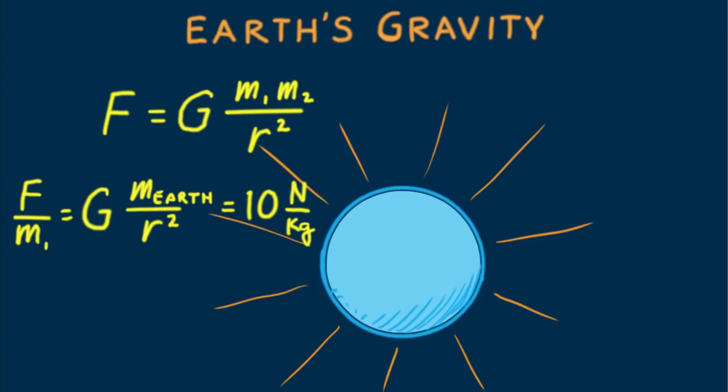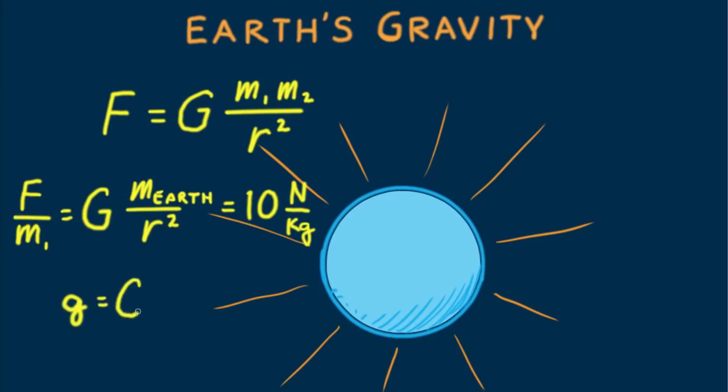We know the acceleration due to gravity at Earth's surface has this value. Recall that newtons per kilogram is equivalent to meters per second squared. Confirmation of what we've previously learned.